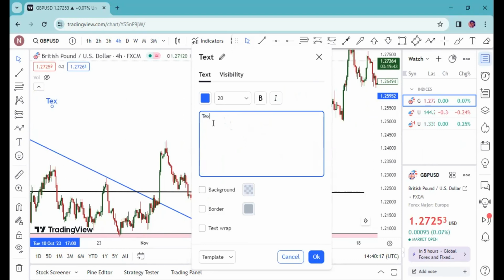Let me show you guys. What do I look for? Break of counter trend line.